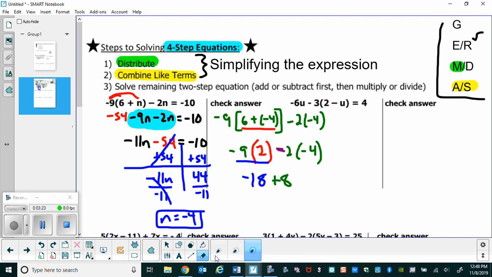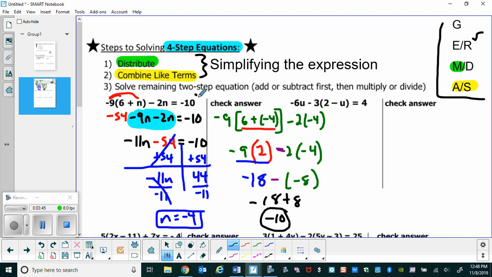If you just want to bring that down in your work, that part's cool. So you could bring down the minus, and then you have a 2 times a negative 4, which is negative 8. But that still would turn into a plus 8. So either way, right here, we're dealing with a plus 8. So we're at negative 18 plus 8, which gives us our negative 10. Since that was the answer we were looking for, we know we're good to go.